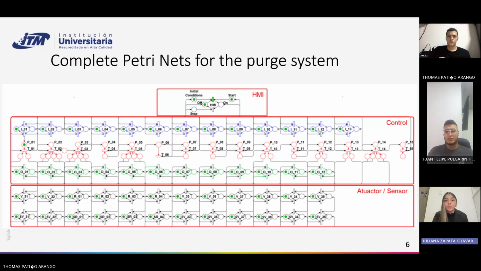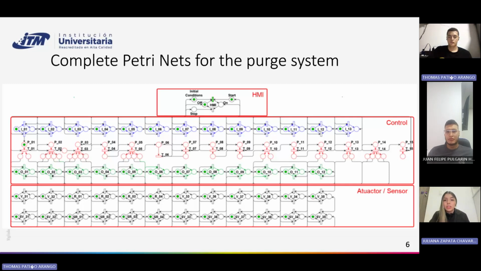So we can see the complete Petri net model for the system. It is divided into the same three sections: HMI, control, and actuator sensor. This big model shows all the connection events and transitions that happen during the process.